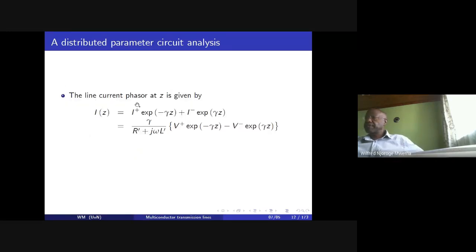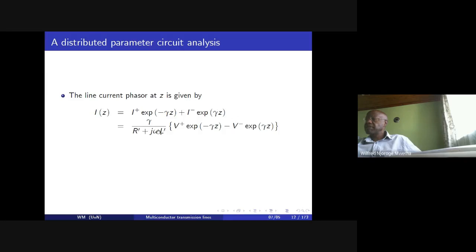So the line current phasor at z is also going to be given by the same value. That is, if we were to start with the current, instead of substituting the current into the voltage solution, or this voltage equation, we substitute the voltage equation into the current equation, we'll get a similar wave equation for currents, and we'll get as a general solution a positive z propagating current wave plus a negative z propagating current wave, given as that.